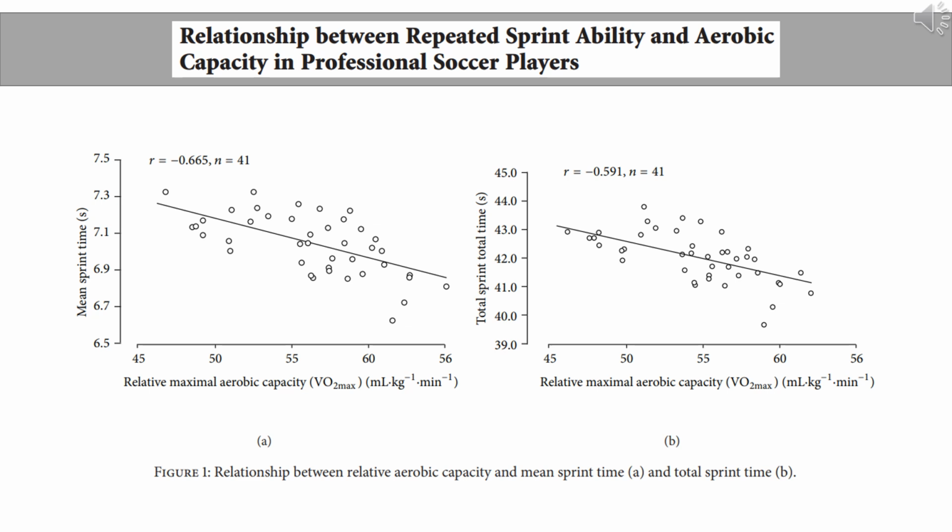And we can see from 41 professional players, this R value ranges from minus 0.67 to minus 0.59. So we've got quite a large correlation between repeat sprint ability and aerobic capacity.